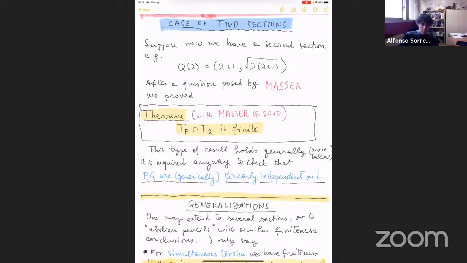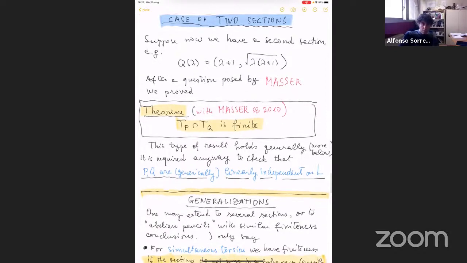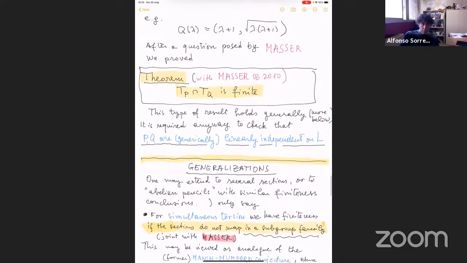And I have just taken two special sections for the sake of example, but this type of result holds generally, for each pair of sections which are linearly independent on the curve. There is a natural and necessary condition on the pair of sections.